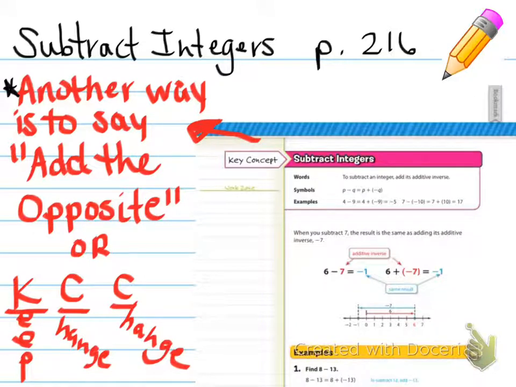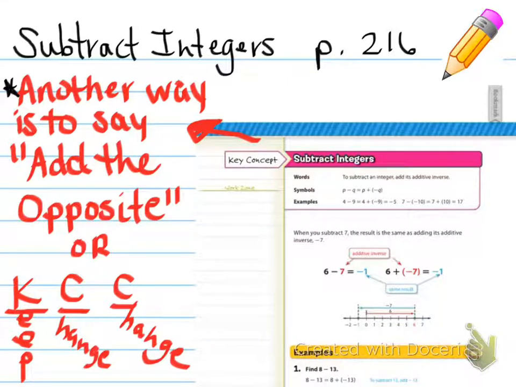So, for example, looking at the larger problem in the book that's in color, you have 6 minus 7. But before you can find that answer, you really need to rewrite it and add the opposite.